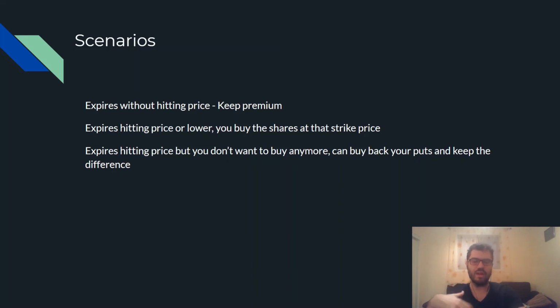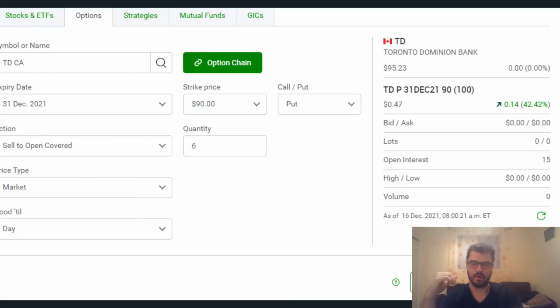The third one is you can actually close out your position. So remember we talked about right here the action sell to open covered. Okay, so when you go back to close out your position, you can go to action buy to close, and then you can put in the quantity. Okay, so if you stuck with 6, then you can close out 6 contracts, and then the difference is just the premium.